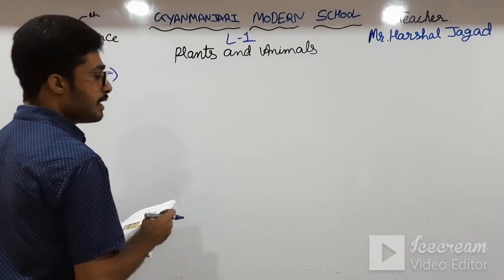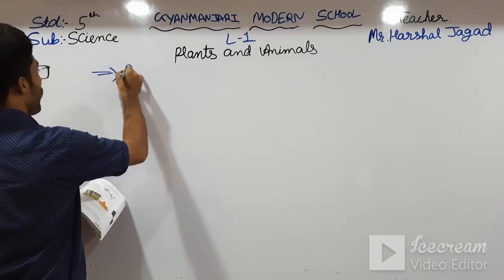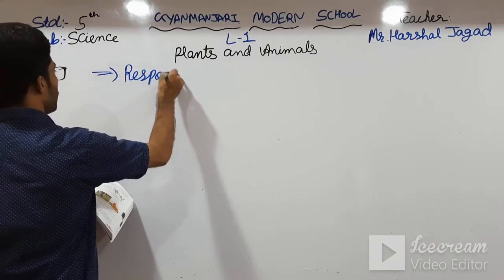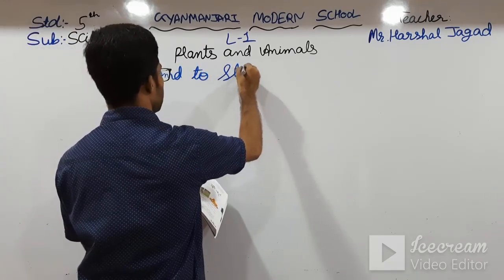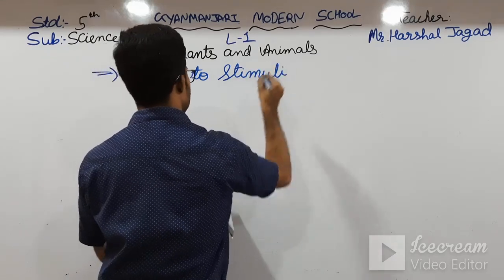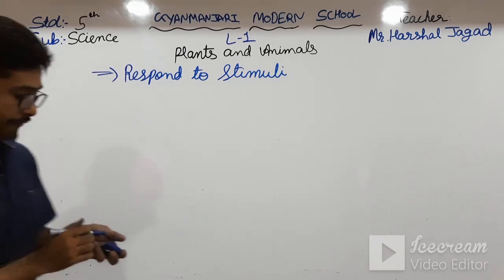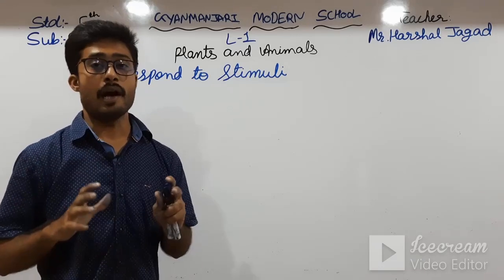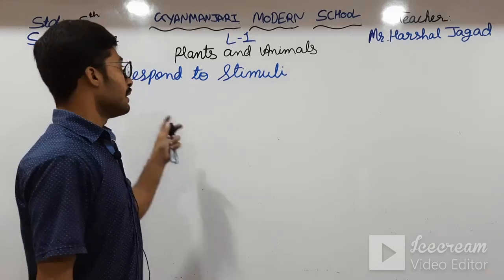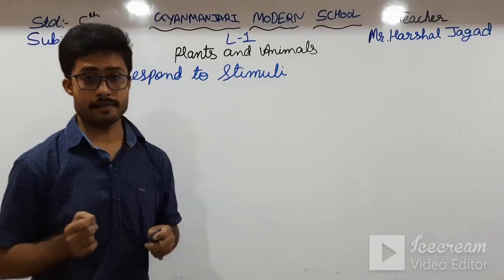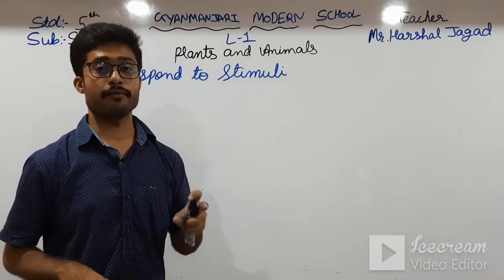We have seen in the first lesson the difference between plants and animals, and in that we have seen the response to stimuli. If we talk about response to stimuli, animals and human beings have different sense organs. The stimuli work on the senses. All animals, birds and humans have different sense organs.